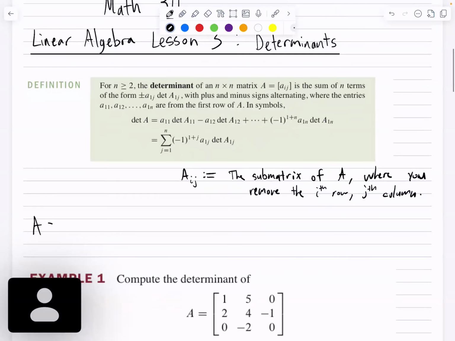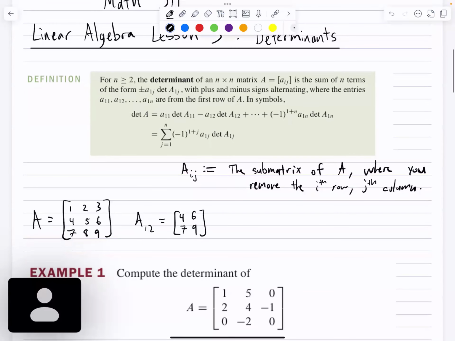Let's say our matrix is 1, 2, 3, 4, 5, 6, 7, 8, 9. Then A sub 1,2 is the matrix where you eliminate the first row, second column, and so it's a 2 by 2 matrix: 4, 7, 6, 9.